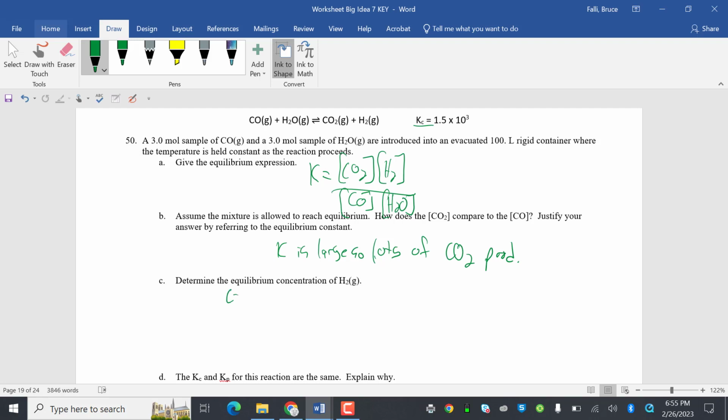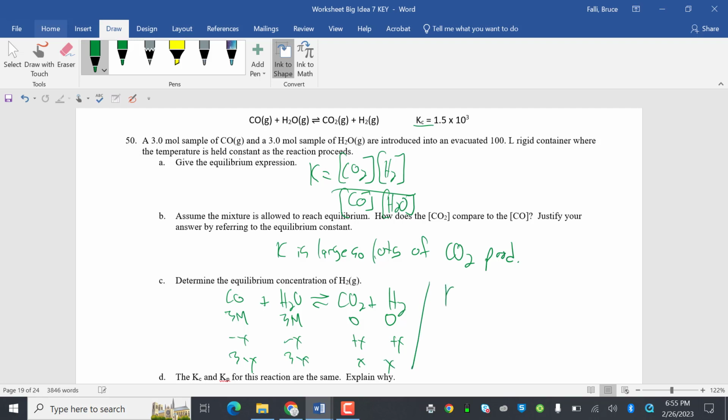I guess I do. CO plus H2O is in equilibrium with CO2 plus H2. Let's see, what did they give us? 3 moles of reactants only in a 1 liter container. So I'm going to call it 3 molar. I'm going to label it molar. 0, 0, minus x, plus x, 3 minus x, 3 minus x, x, and x.